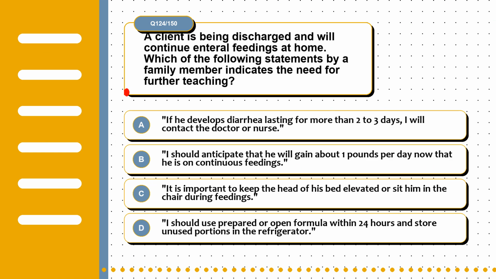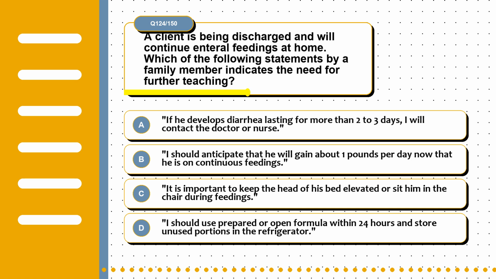Question 124. A client is being discharged and will continue enteral feedings at home. Which of the following statements by a family member indicates the need for further teaching? Here are the options. Option A. If he develops diarrhea lasting for more than 2 to 3 days, I will contact the doctor or nurse.